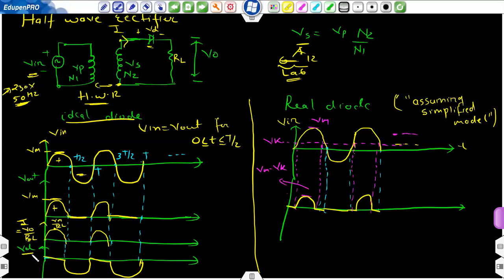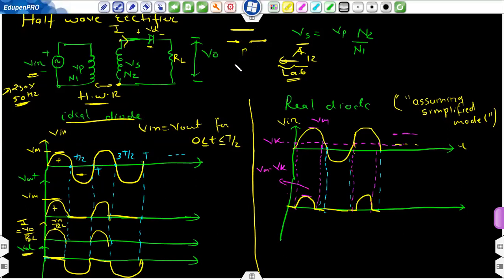And yesterday I have not discussed this VD, the voltage drop across this diode. So when the positive cycle will arrive, this diode will be in on state. We use a simple wire to replace this diode, and the voltage drop across this wire is 0. So VD is 0. And during the negative cycle, the diode will behave like an open circuit.